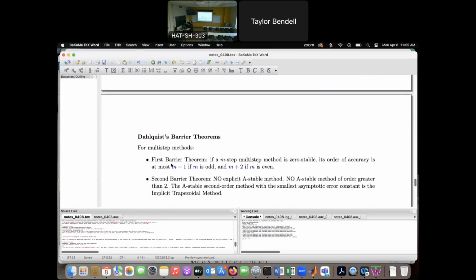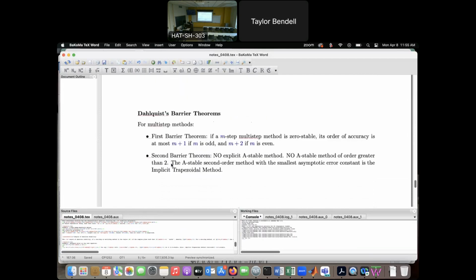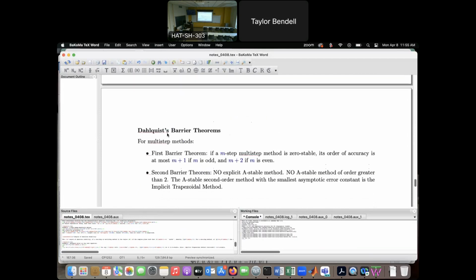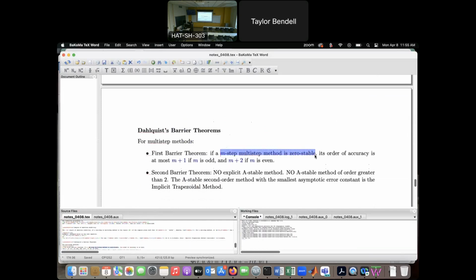Now this leads to some more theorems from Dahlquist, Dahlquist's barrier theorems. The first barrier theorem says that if you have a zero stable multi-step method, the order of accuracy is at most m plus 1 if m is odd, and m plus 2 if m is even. For example, one of the examples I gave earlier illustrates the upper limit of this.